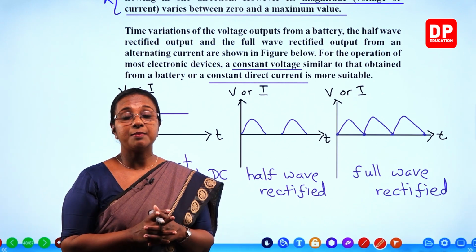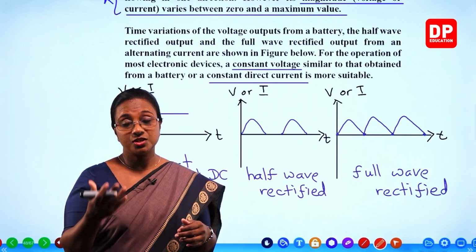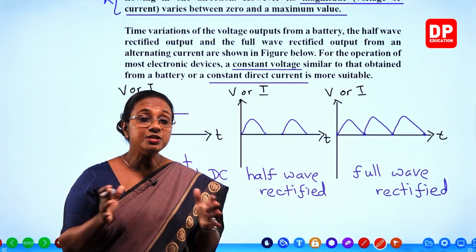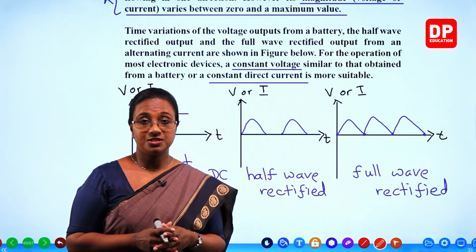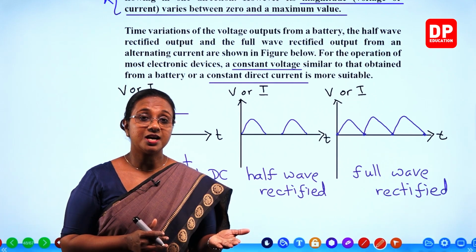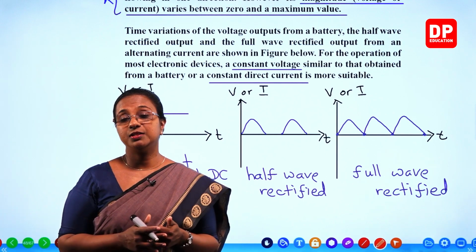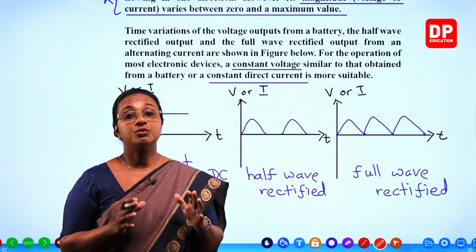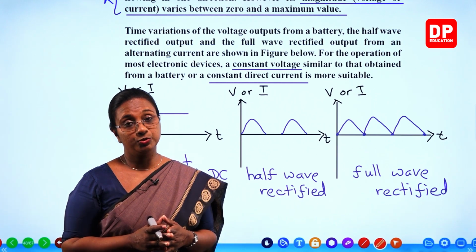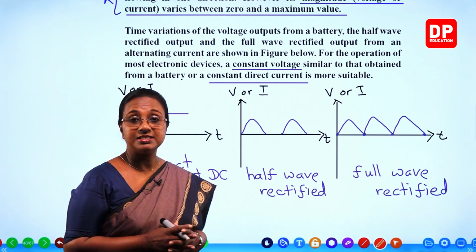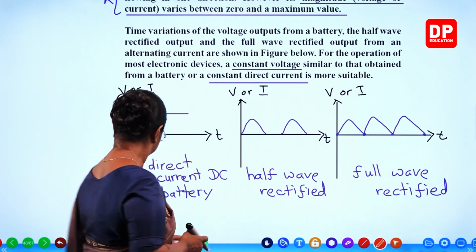Between the plates of the capacitor, charges are stored. And when you stop the current flow, the charges get discharged. Because of the discharging, there will be a current flowing through the circuit. So that is what is going to be used in the process of smoothing. We will try to understand that in the next slide.